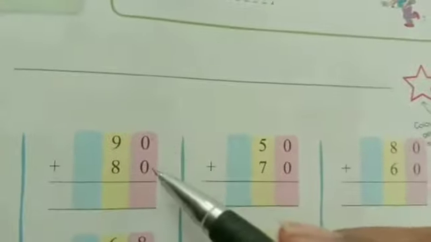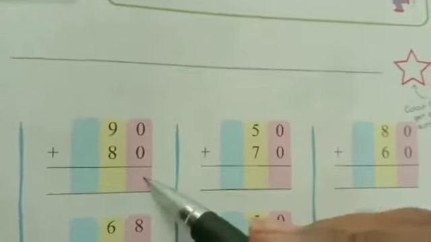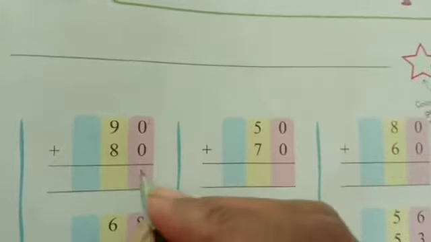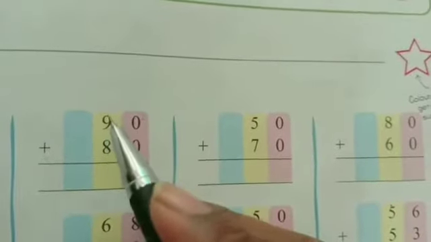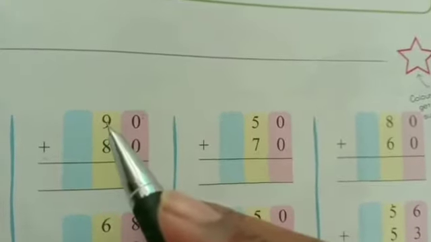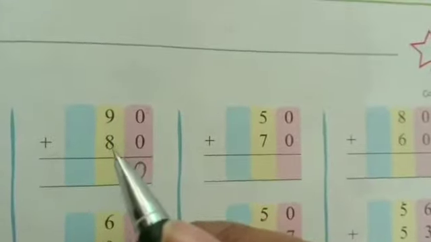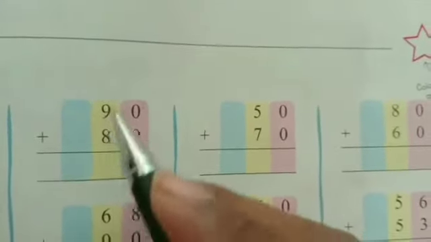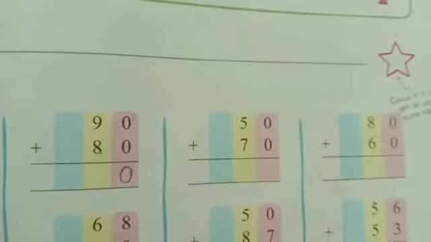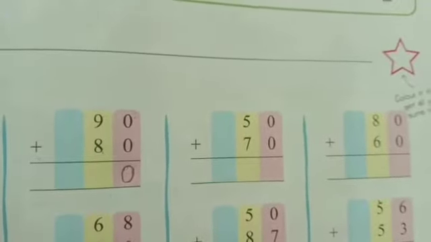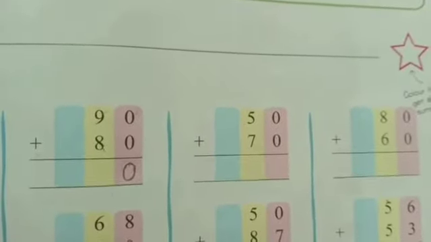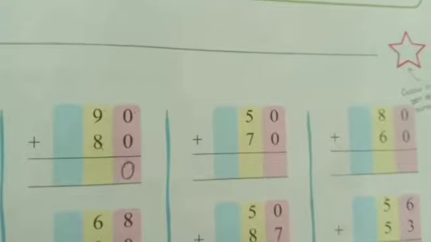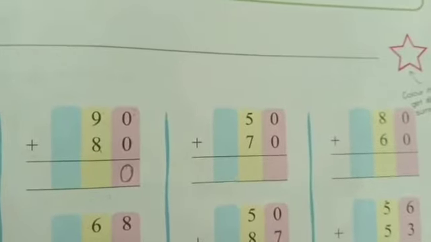Now let's move on to the second one. 0 ones and 0 ones is 0 ones. So we'll write 0 in ones place. After that we have to add the tens. In the tens place there is 9 and 8. So let's count 9 and 8 together. After 9 what comes, dear children? Yes, 10. So let's count 10, 11, 12, 13, 14, 15, 16 and 17.